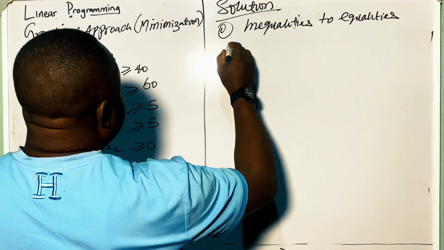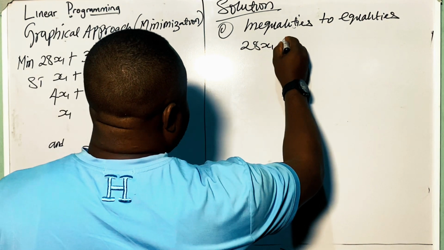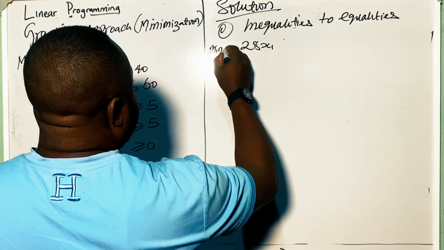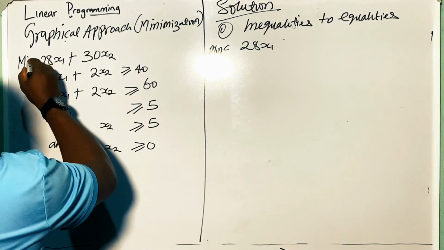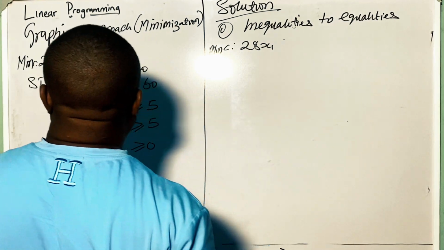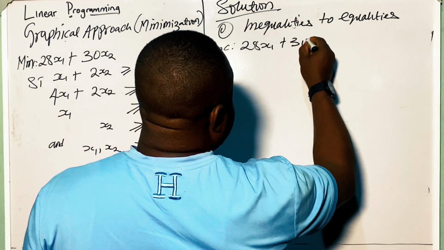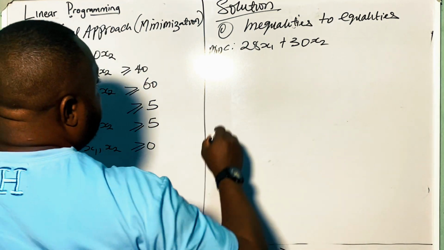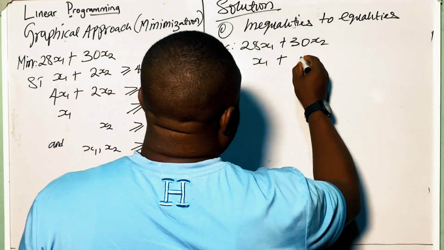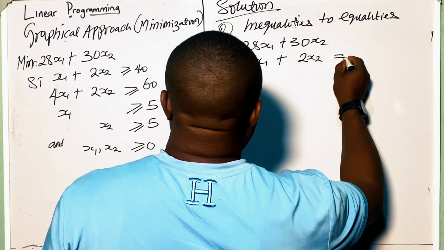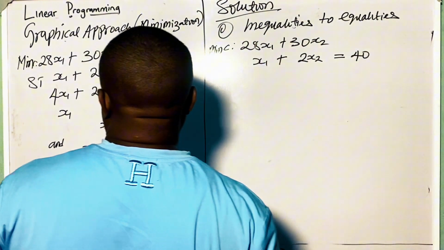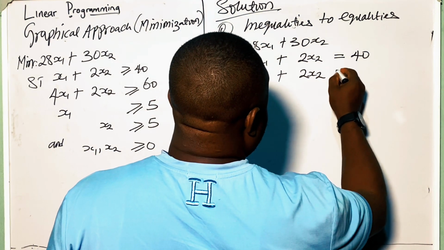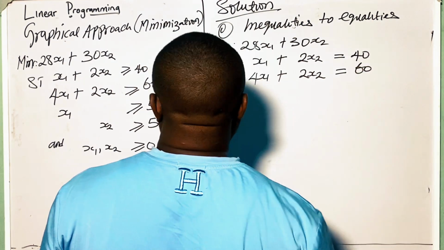We have minimize C equals 28 x1 plus 30 x2, subject to x1 plus 2x2 equal to 40, then 4x1 plus 2x2 will now be equal to 60.